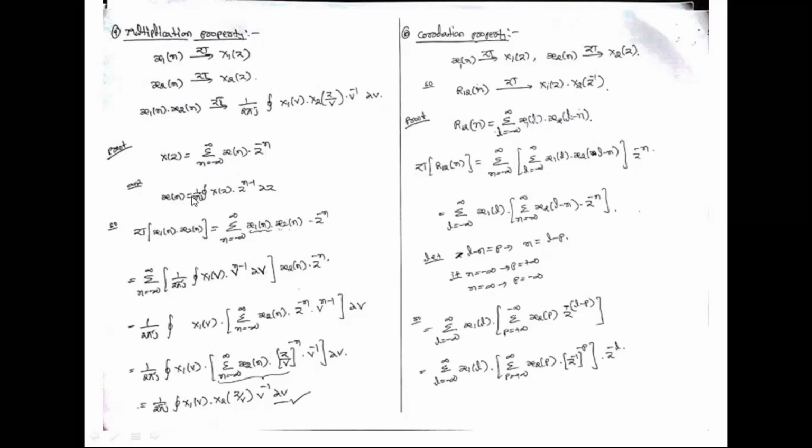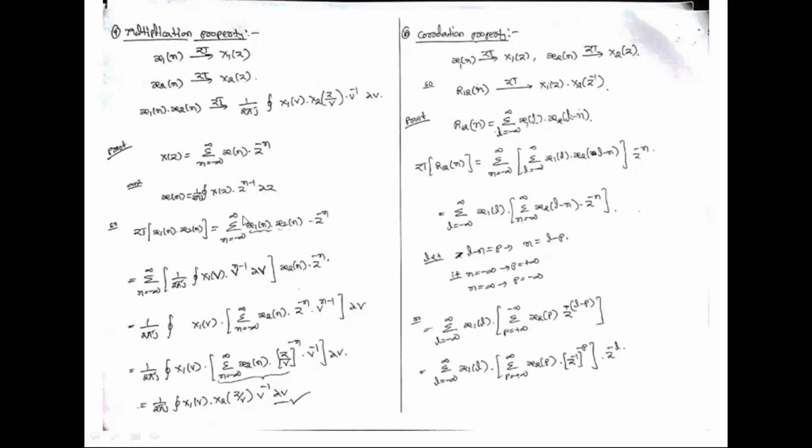The x of n is equal to 1 by 2 pi j, the integral x of z, z power n minus 1 dz. This is the inverse Z transformation formula. Take x1 of n as a signal: it is 1 by 2 pi j, the integral x1 of z, z power n minus 1 dz.